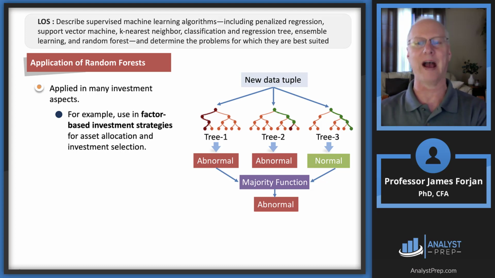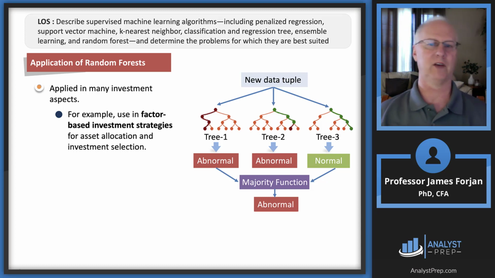So we want to do a factor analysis. Well, what we can do is use this random forest, tree 1, tree 2, and tree 3, and maybe some other types of trees that are going to lead to a majority function. And then we can identify those dividend-paying firms that should be included in a client's portfolio based on our factor analysis.